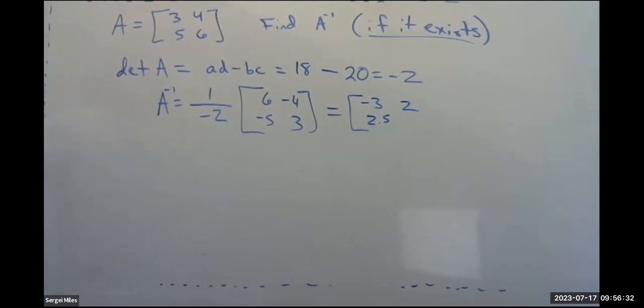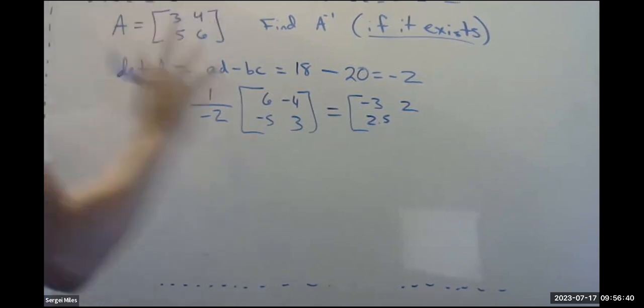All these things are growth or decay kinds of models, and those things can be modeled with matrices. All right, side tangent. Let's finish the problem here.